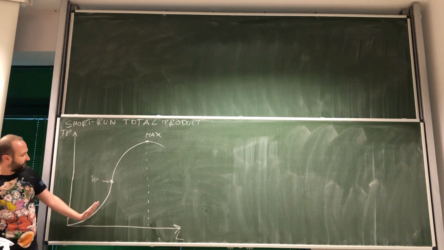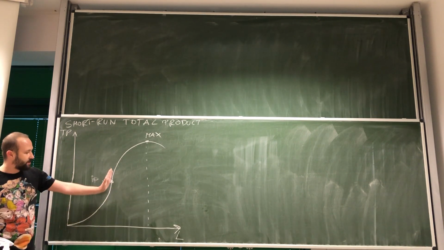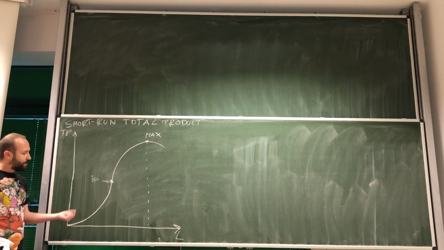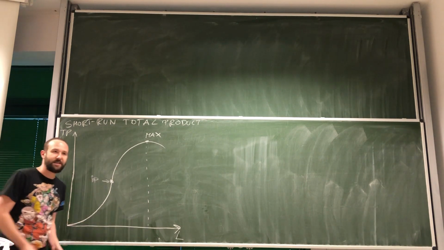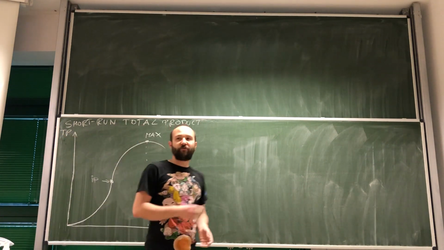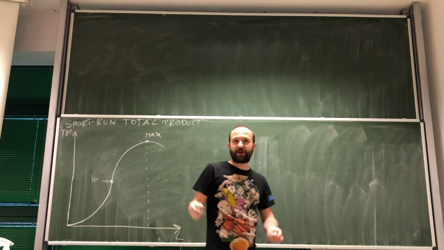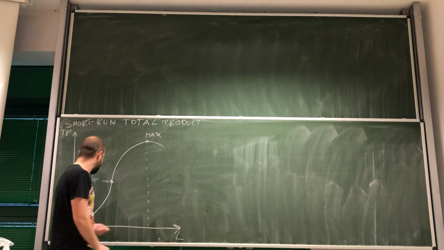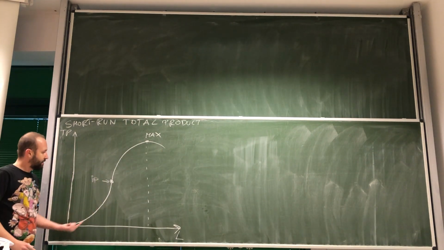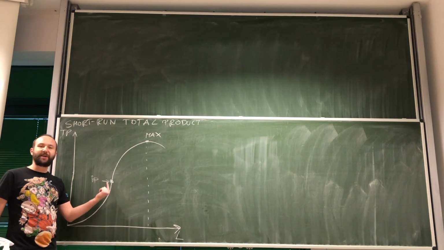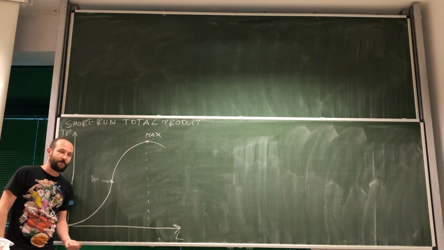You see, this part of the function is convex, right? So at the beginning, when we hire more and more workers, each worker can specialize, and the level of production increases more than proportionally.